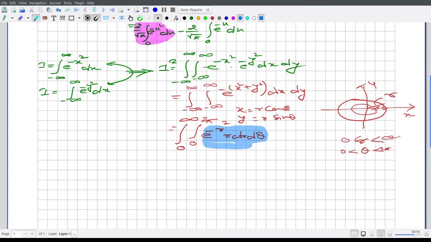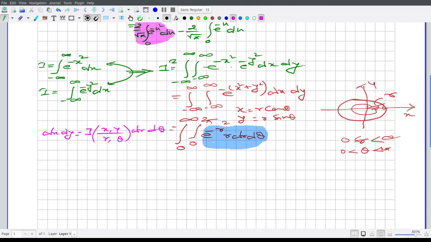I will prove why I am writing this term as r dr d theta. For this purpose, there is a term dx dy. There is a Jacobian to convert the transformation of coordinates, in terms of r and theta, written as dr d theta.